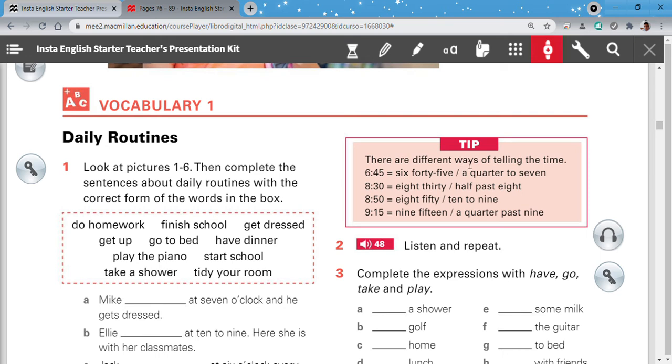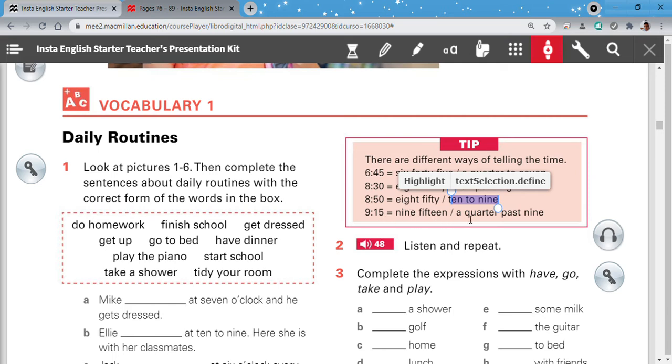Or also you can say a quarter to 7, like in Spanish, un cuarto para las 7. 8:30, in letters, or half past 8. And that is good. 8:50 or 10 to 9.